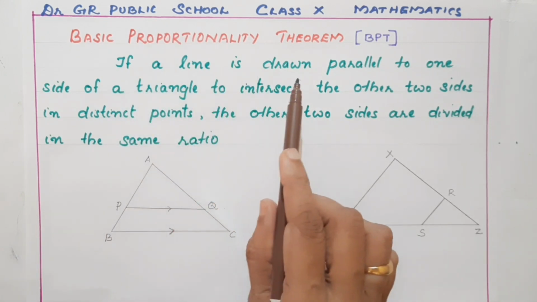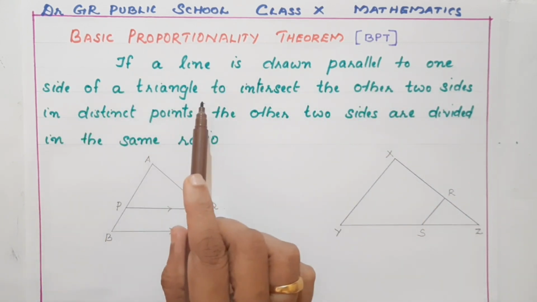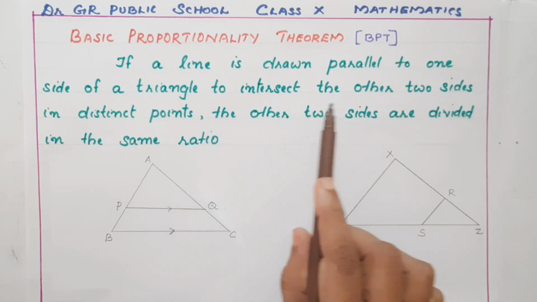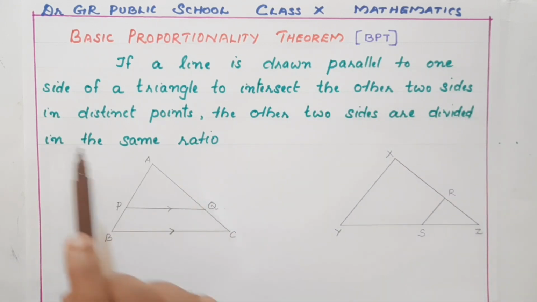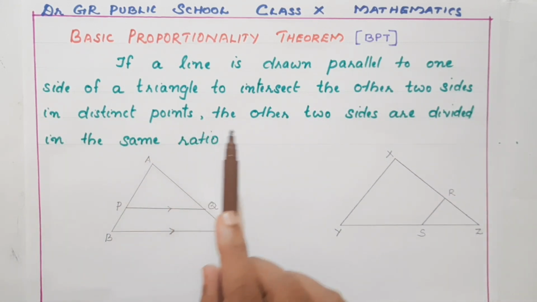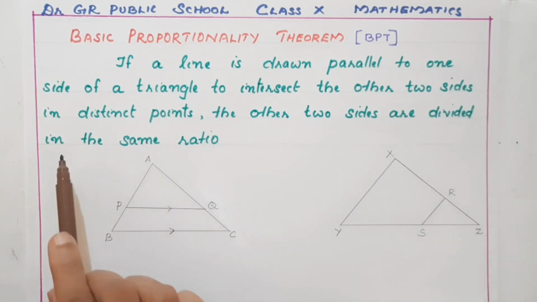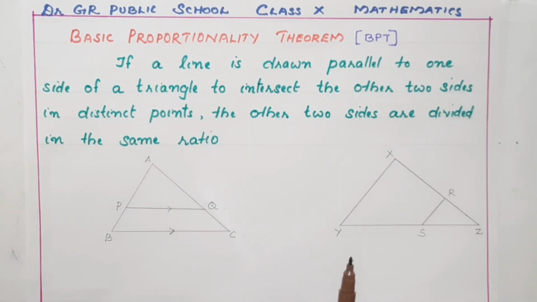If a line is drawn parallel to one side of a triangle to intersect the other two sides in distinct points, the other two sides are divided in the same ratio. So what is given?